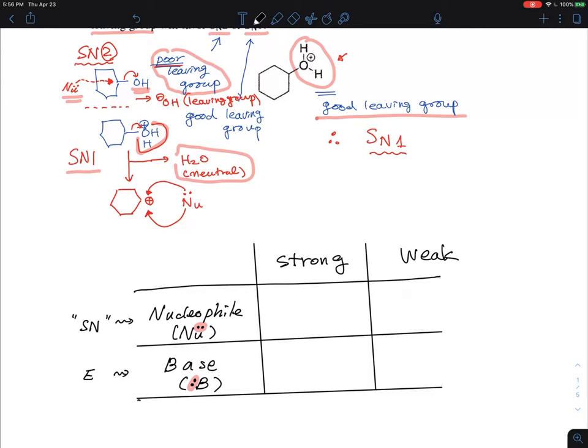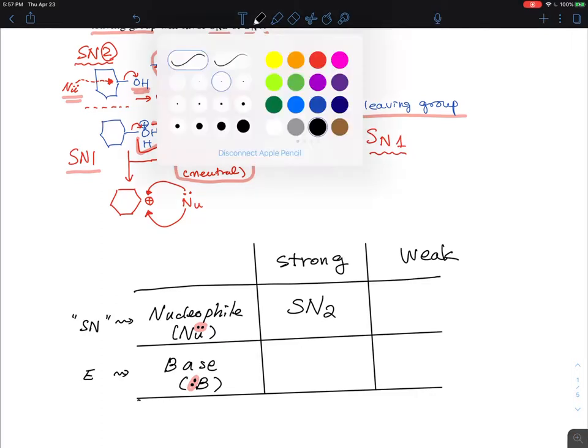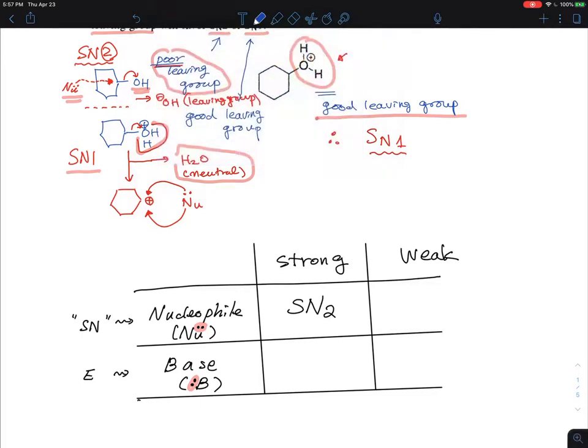So regardless, an SN2 reaction will be possible, despite having a poor leaving group.